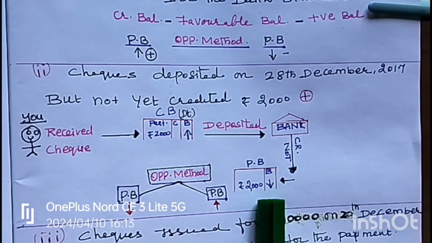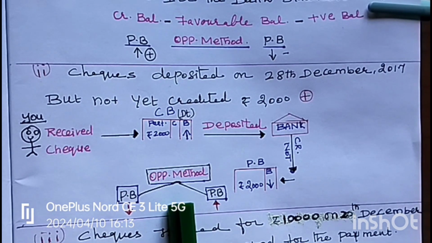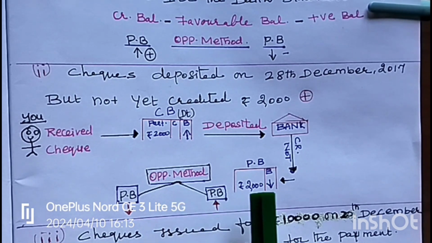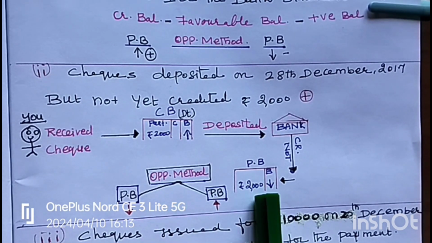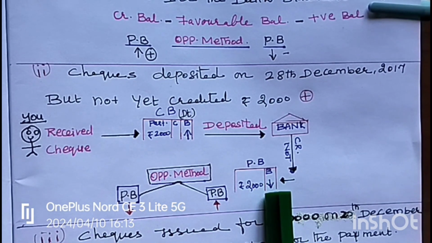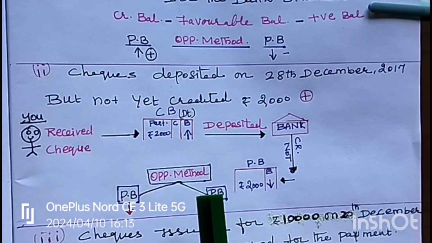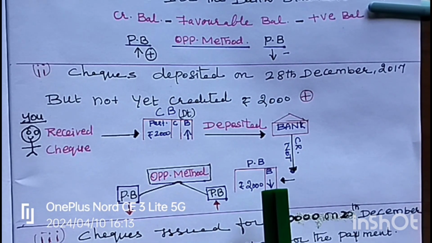So what do we have to do? We need to use the opposite method. Because listen, the bank reconciliation statement shows the same balance on both passbook and cash book. So for that we have to use the opposite method. How do we use the opposite method for the passbook? If the passbook shows decreased, as per the opposite method, it will be increased.